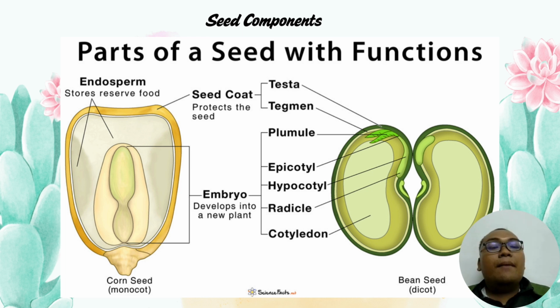Third is the food storage. This provides energy for the embryo during germination. It helps the seed grow until it can produce its own food. Seeds are also divided into two types: monocot, for example corn seed, and dicot, for example bean seed.